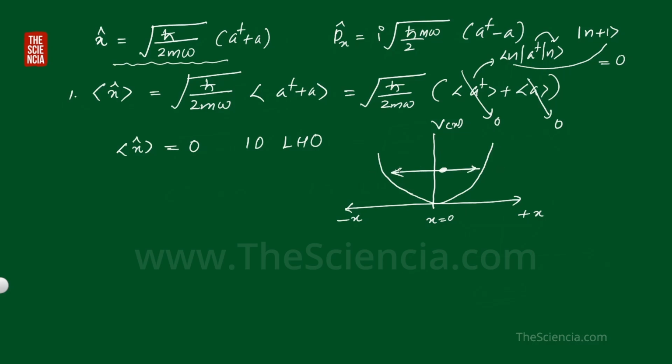Okay, so the average position of the particle. So the extreme position is minus a, and here the extreme position is plus a. So the average position, I told you expectation value is nothing but average value. So the average value of position of the particle is 0 because there is a minus a and plus a. So when we are taking the average value of the position, we will get expectation value or average value of x equal to 0. Okay.